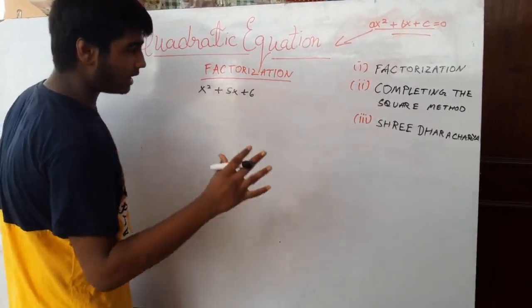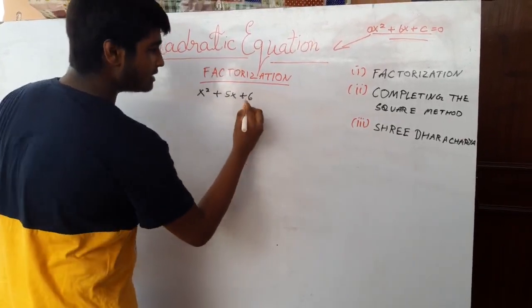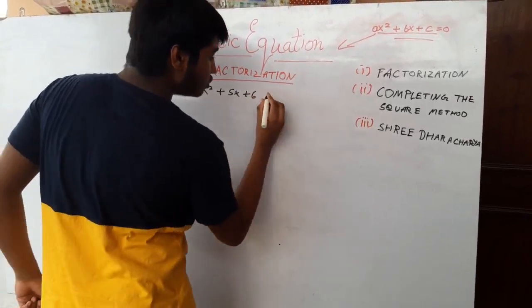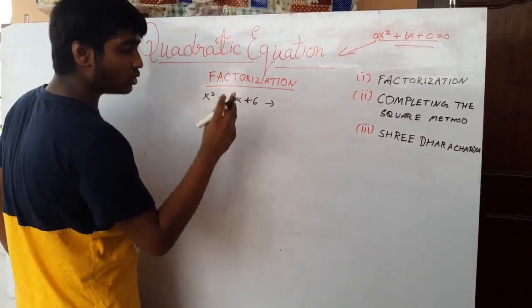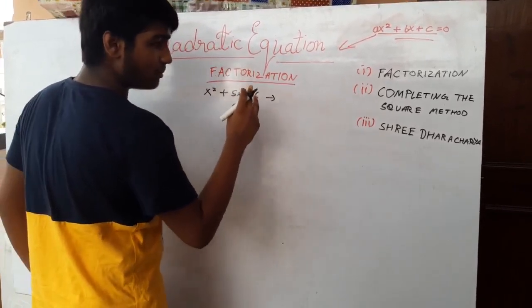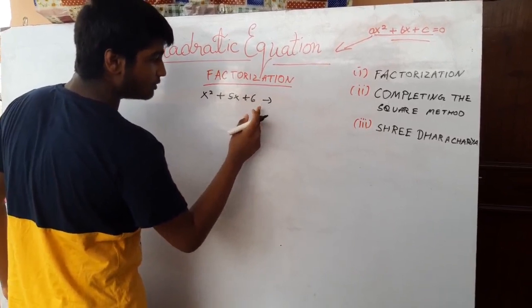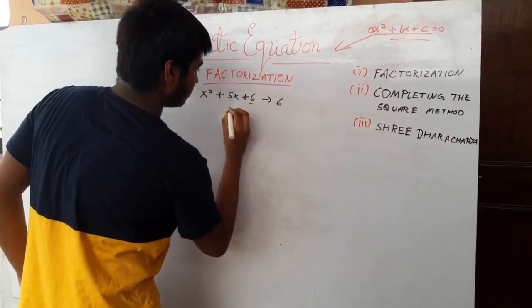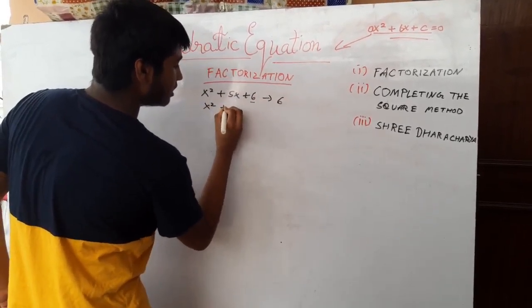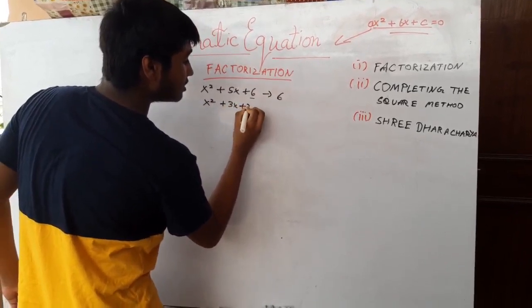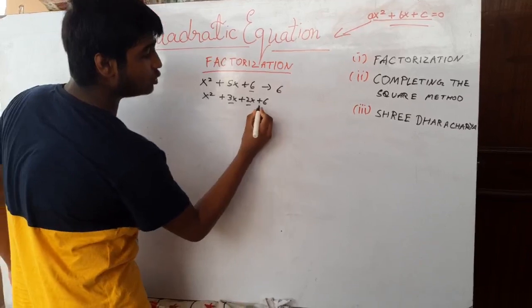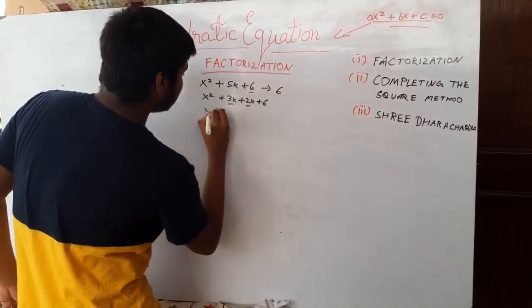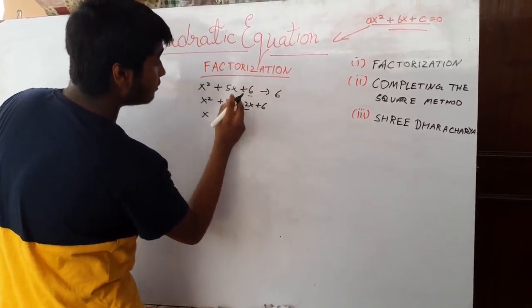We have 5 as the middle term and 6 as the constant term. We need to take two numbers which multiply to give 6. If we multiply 3 and 2, we get 6, and if we add them, we get 5.